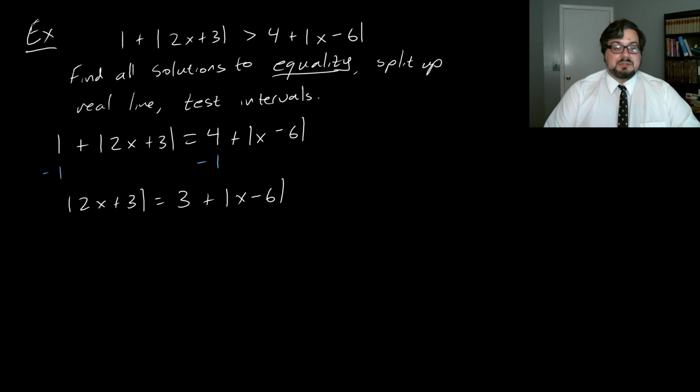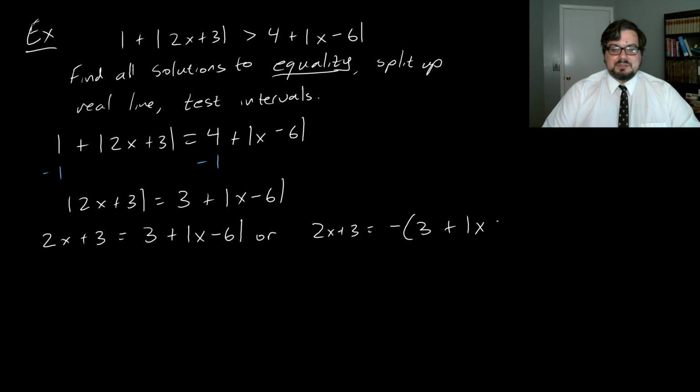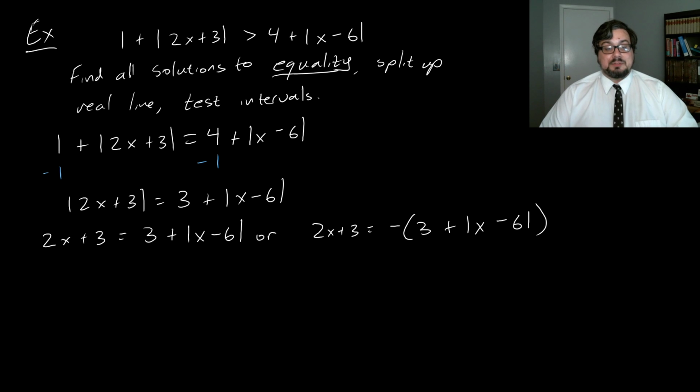Now if the absolute value of 2x plus 3 equals 3 plus the absolute value of x minus 6, this means that 2x plus 3 equals 3 plus the absolute value of x minus 6, or 2x plus 3 equals the opposite of 3 plus the absolute value of x minus 6. Just using our standard way of solving absolute value equations.